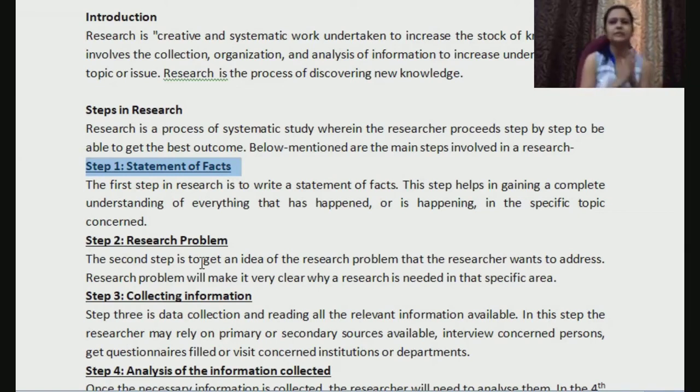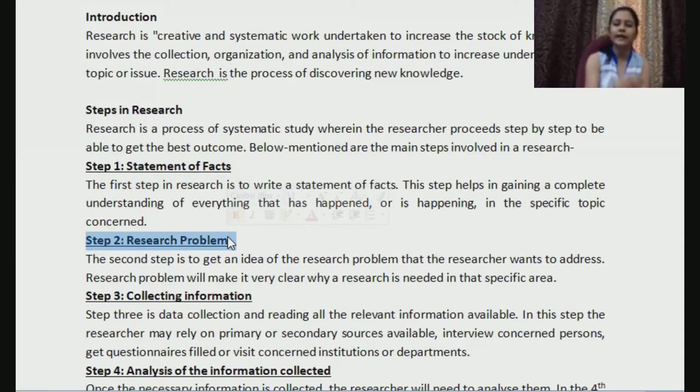You would try to figure out what is not working out, what went wrong, right? So that means the second step is what? Research problem. That means you need one problem on which you would take up a study, and then, as you said, right, you would discover something, or you would maybe provide some suggestions, feedback.